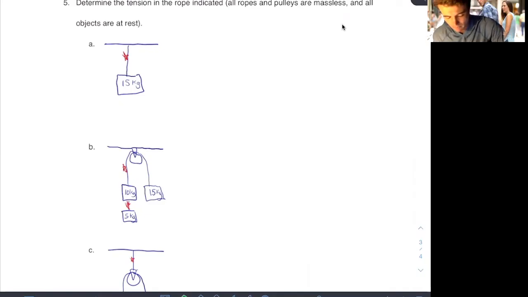We know by F equals ma that the force it exerts due to gravity is 15 times 9.8. So that force is 147 newtons. The force going down is 147 newtons.